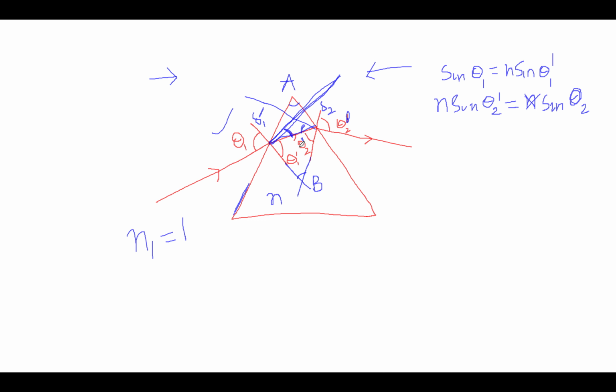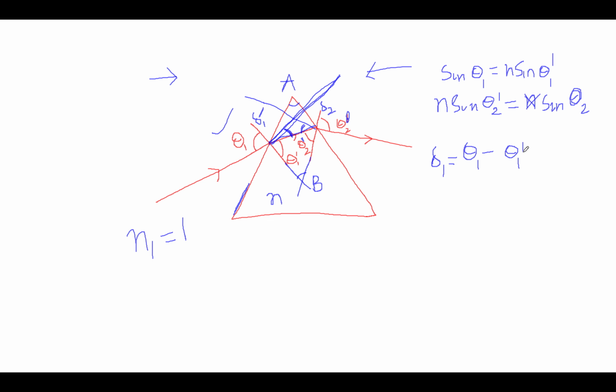Now we are going to write delta 1, which is the angle of deviation for the incident beam. That is simply, if it did not refract, it would have continued to go at theta 1. But because of the refraction, it changed its angle by theta 1 prime.